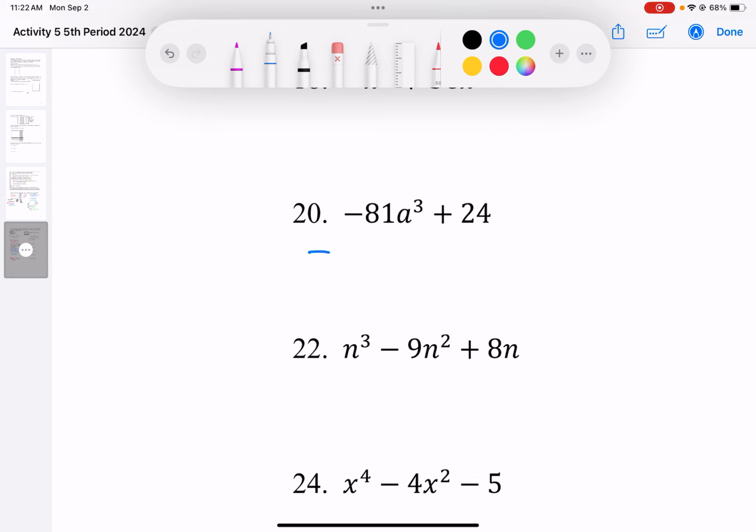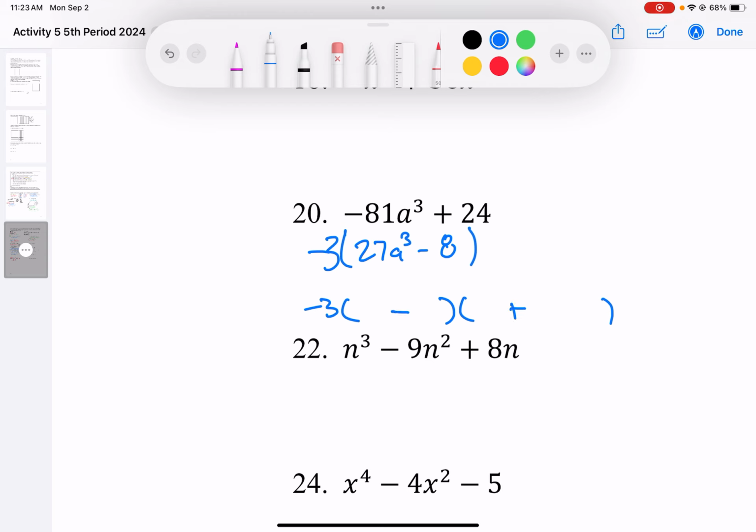I'd factor out the negative. In fact, I think both these are divisible by 3. They are. Let's see, because that leaves me with, let's do a negative 3. So it's 27a cubed minus 8. So it's negative 3, and then I got my differences.